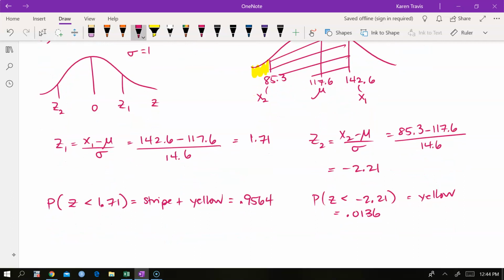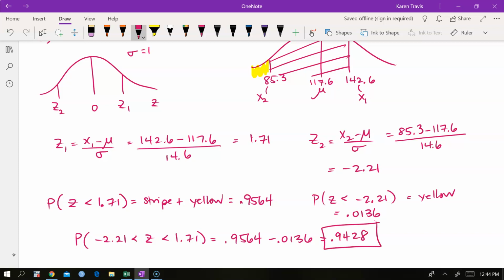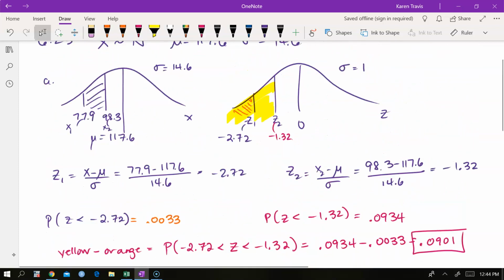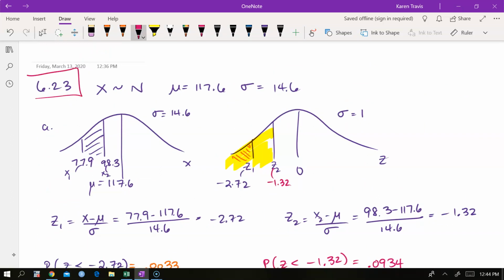So to get the chance that it's between negative 2.21 and positive 1.71 is by taking that whole stripe plus the yellow, subtract out the yellow, and what we'll get is 0.9428. So that's the solutions to problem 6.23.